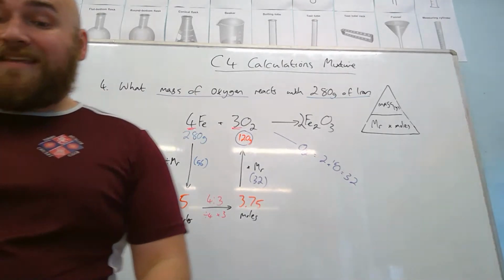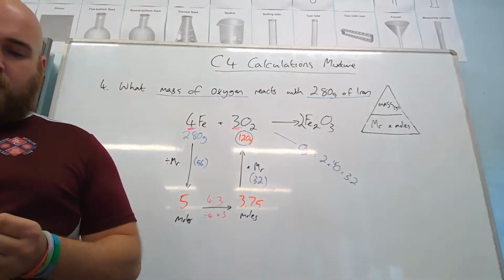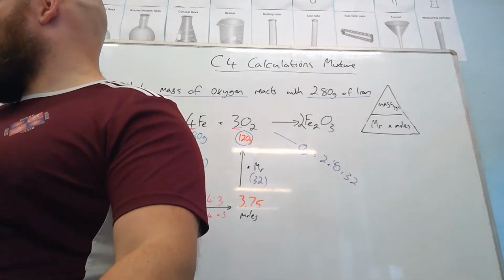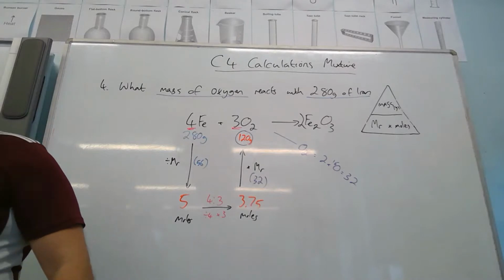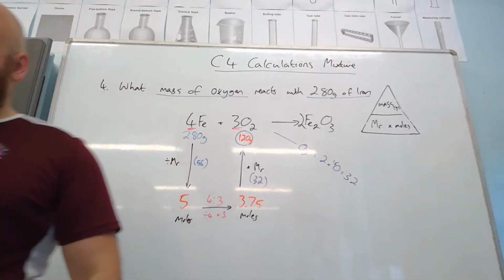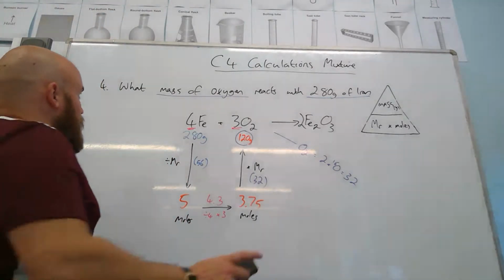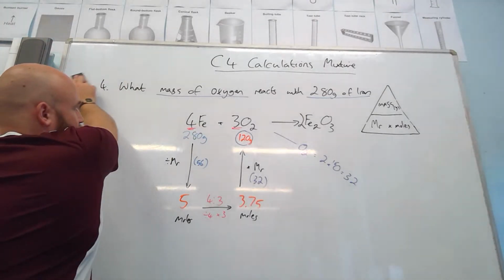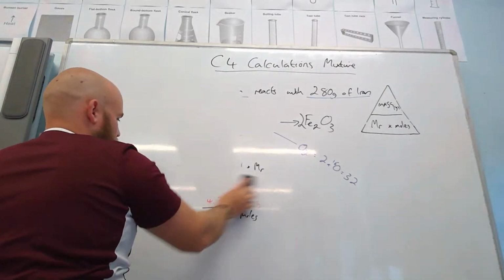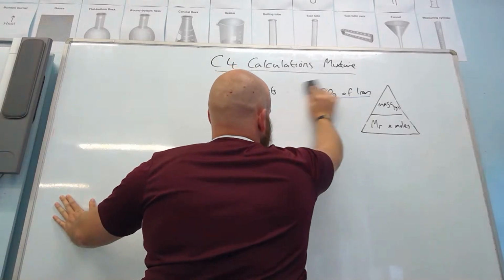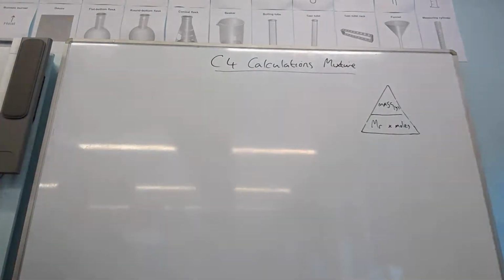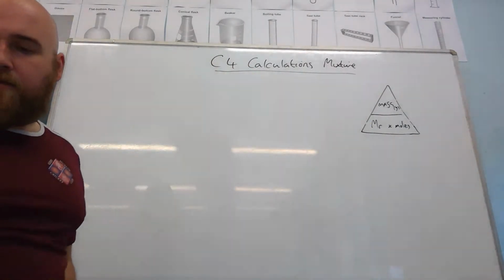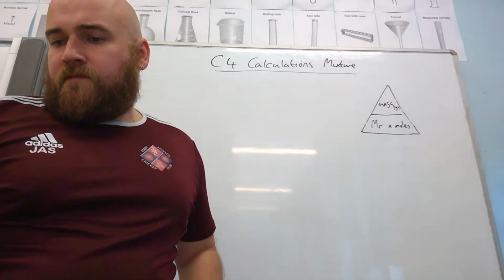Okay, there's another one of these later on, I think, but we'll do something different now with question 5, which is on atom economy. So again, I'll clear the board and we'll have a look at atom economy. Right, so if you watch the atom economy video, hopefully you found it quite useful.